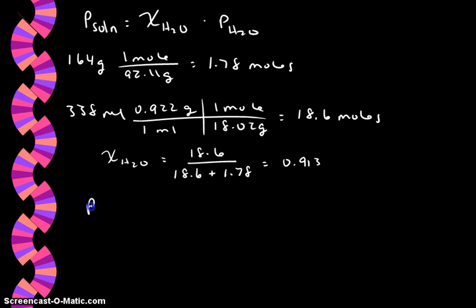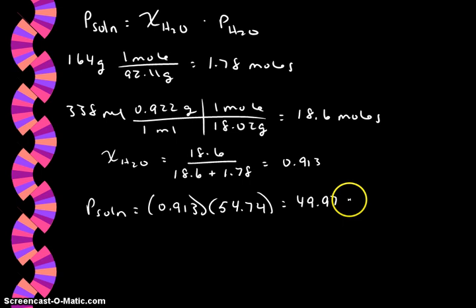So now the vapor pressure of our solution is going to equal 0.913 times the vapor pressure for pure water at that temperature, 54.74. And we're going to get 49.97 torr for our vapor pressure for our solution. And that makes sense because when we add the solute to the solvent, it's going to lower our vapor pressure, and it does.